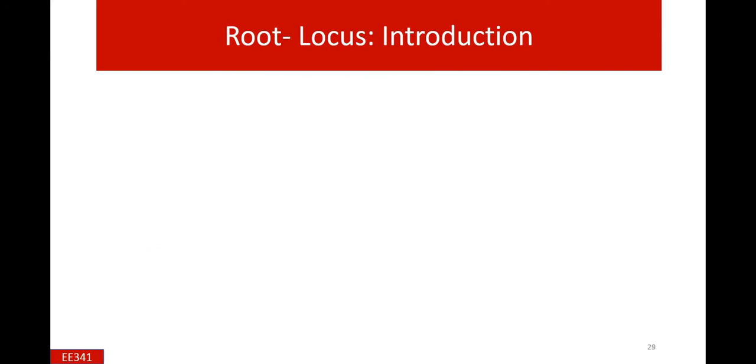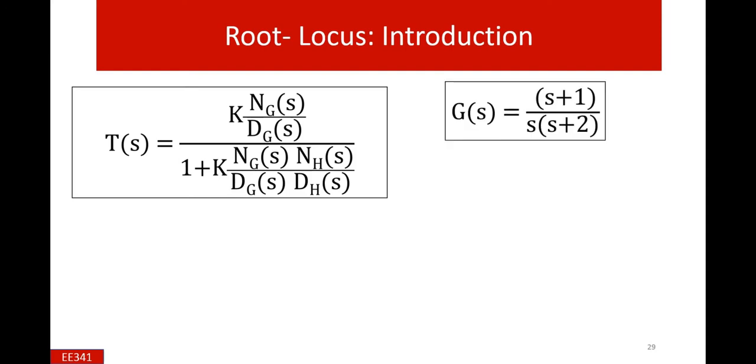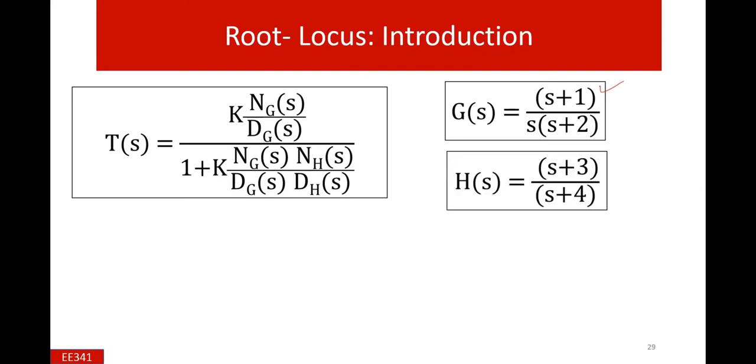Let's use some numerical examples to understand the concept related to root locus parameters in a closed loop transfer function. For example, g of s is a system which has a zero at -1 and poles at 0 and -2 in the forward transfer function. Similarly, the feedback transfer function has one zero at -3 and one pole at -4.